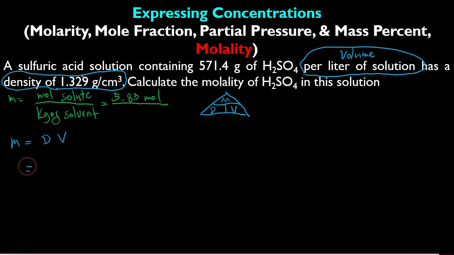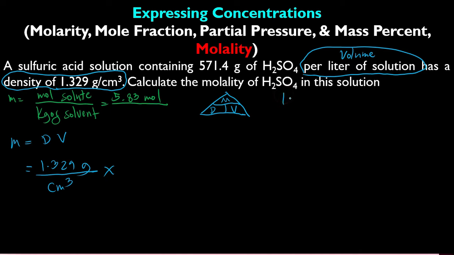So the mass of the entire solution is equivalent to its density multiplied by its volume. The density of the entire solution is 1.329 grams per cubic centimeter. Its volume is 1 liter.